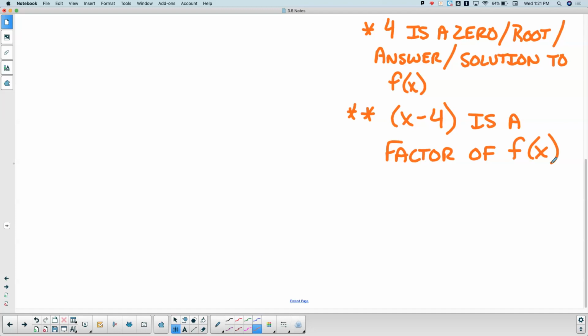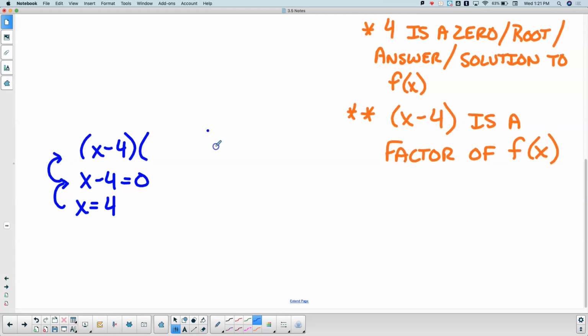So if 4 is a 0, then at the end of the problem, if you were solving this one, you would have gotten x equals 4. But the step right above that would have been x minus 4 equals 0. And the step right above that would have been x minus 4 times something else equals 0. And the step right above that, if we're working backwards, would have been x cubed, what was it?